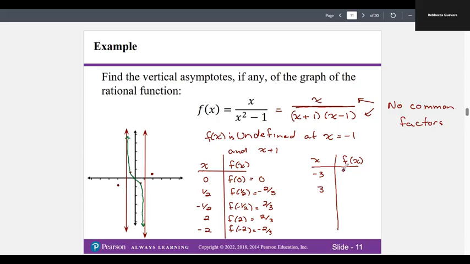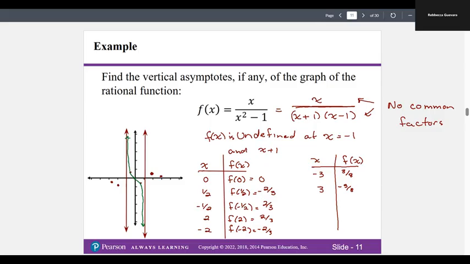So 3 is going to give me 3/8. So 3/8 is going to be a little smaller than this point. So it's going to be a little bit down here. And then if I put in positive 3, I end up with negative 3/8. So that point's a little closer up here. So if we kept on going with more points, let's just do one more for an example.